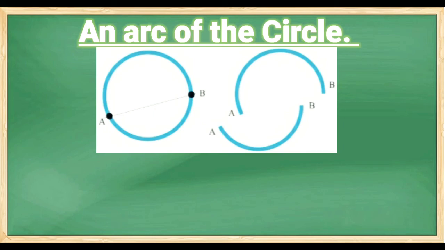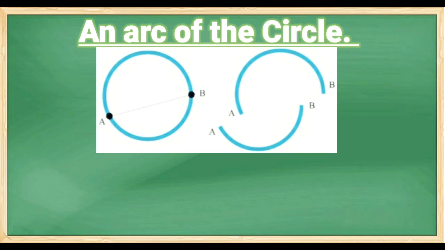We can say that points A and B divide the circle into two parts, thus forming the two arcs of the circle. This means A and B have created two arcs and A and B are the end points of those two arcs.